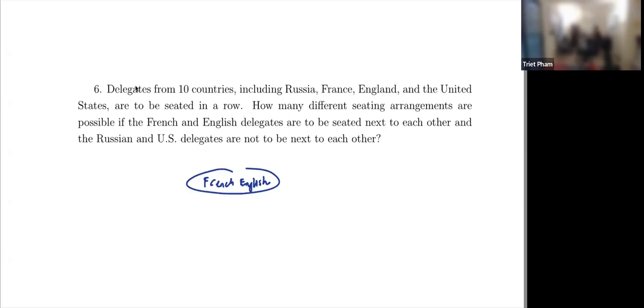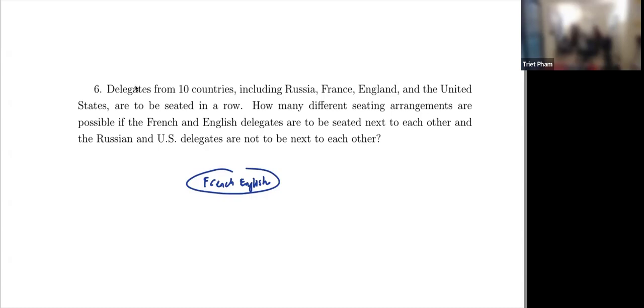Okay. And if you think about it, arranging that is not easy to visualize, because they can be in many places. So this is exactly a case where we want to do it by complement.